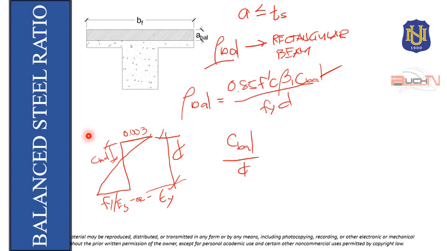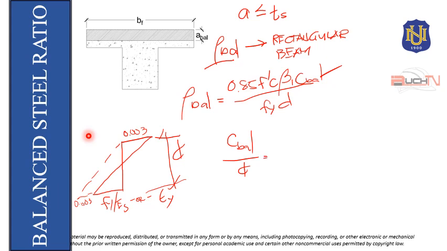So, kung kukunin natin yung ratio niyan, pwede kasi natin tong ibaba. So, kung ganyan yan, pwede kasi nating ibaba si 0.003 papunta rito. So, meron kang 0.003 dito.